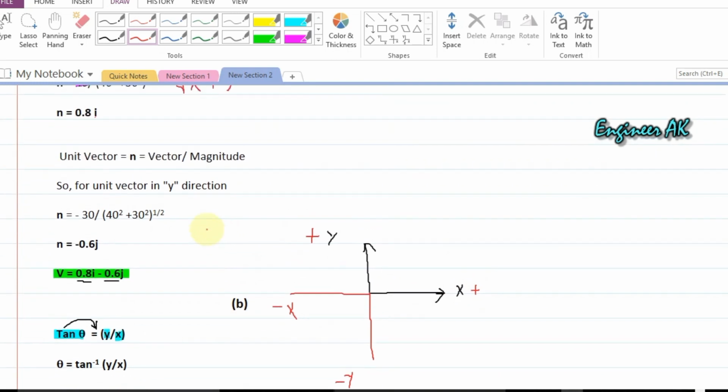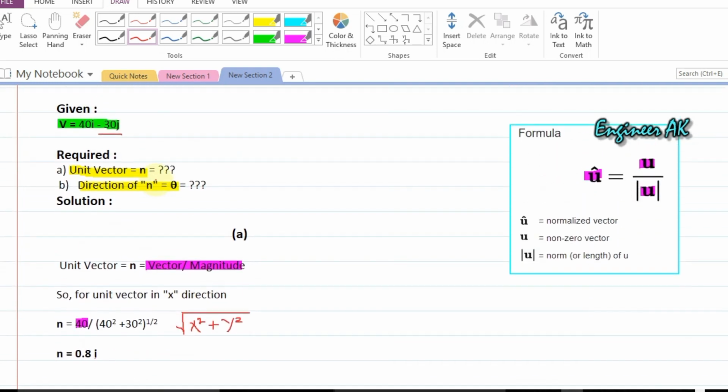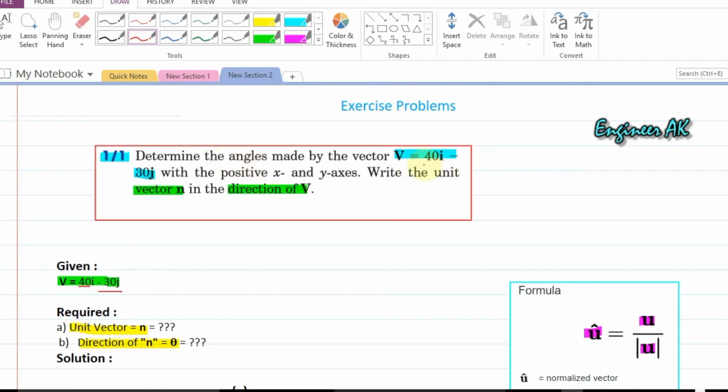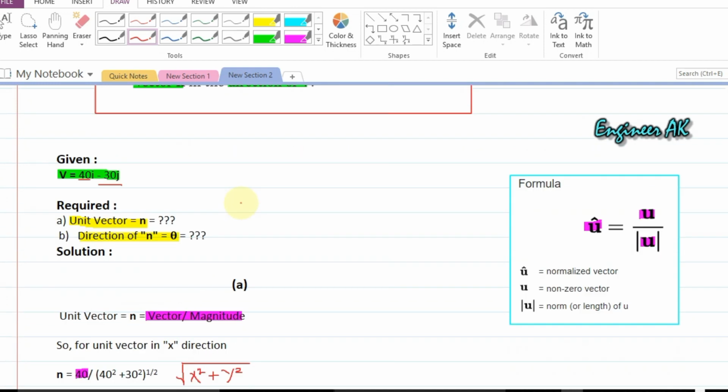Here we can see how we get this angle: the value of x is positive and the value of y is minus 30. Suppose x is 40 and y is minus 30.